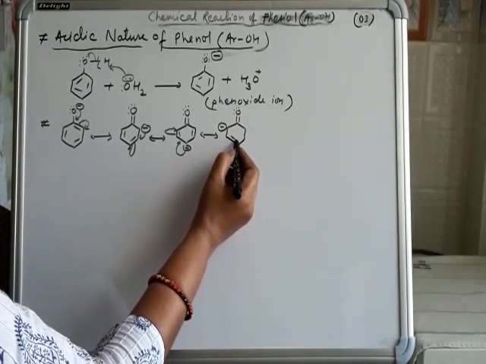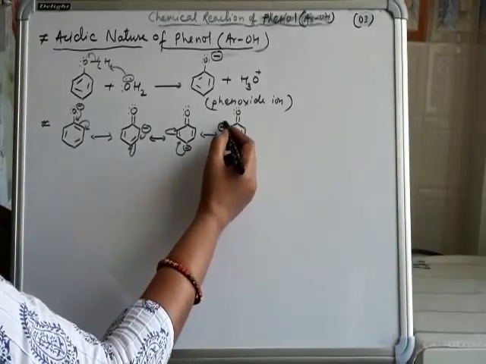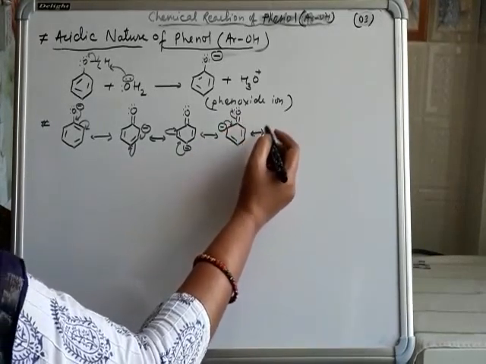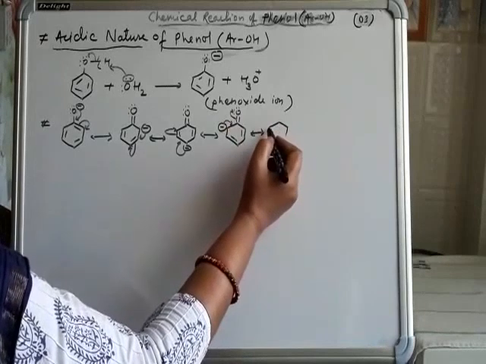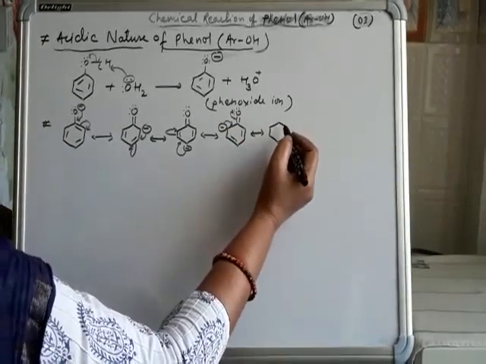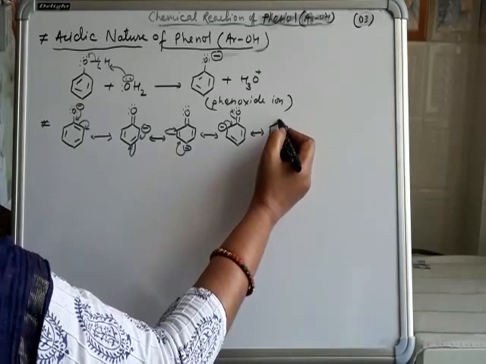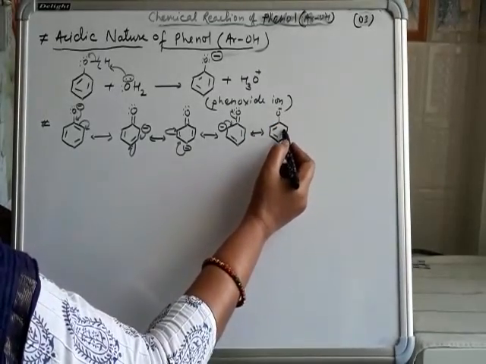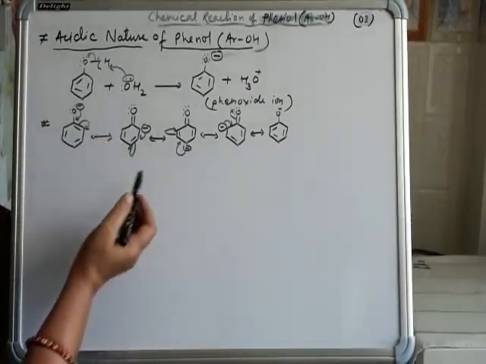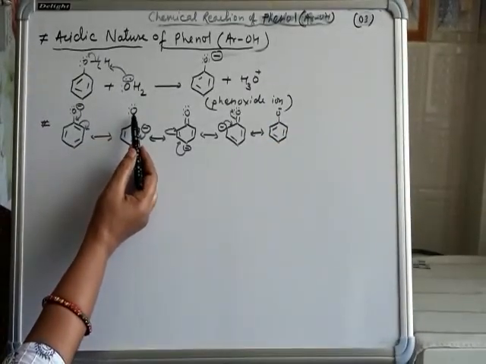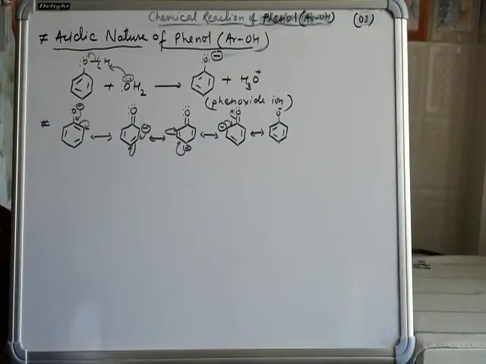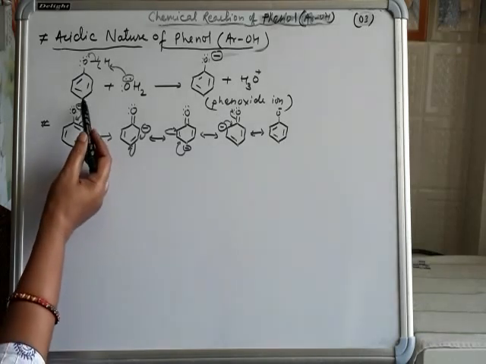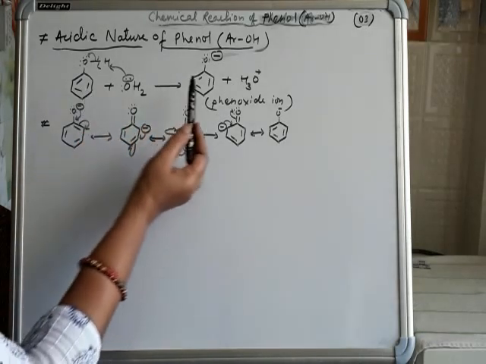Now we see the resonating structure of phenoxide ion. In the phenoxide ion, oxygen, which is electronegative in nature, does not acquire positive charge, so we can say that phenol and its conjugate base, the phenoxide ion, is more stable.